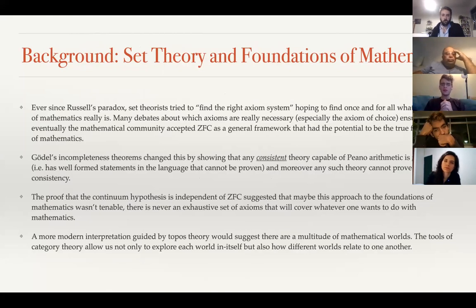One of the best examples of this is the axiom of choice, which basically says if I have a collection of things, I can choose one thing from each. Turns out in mathematics it's a very controversial statement, but also a very useful one.